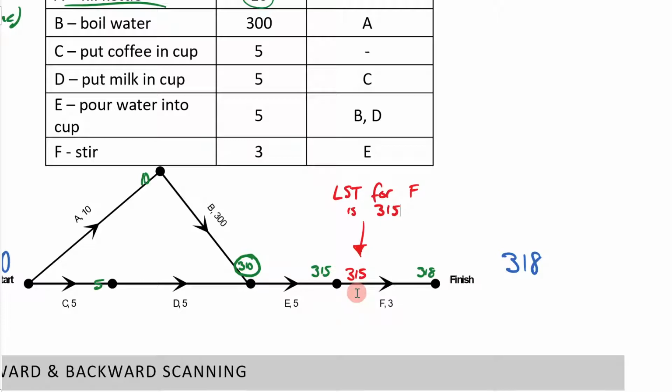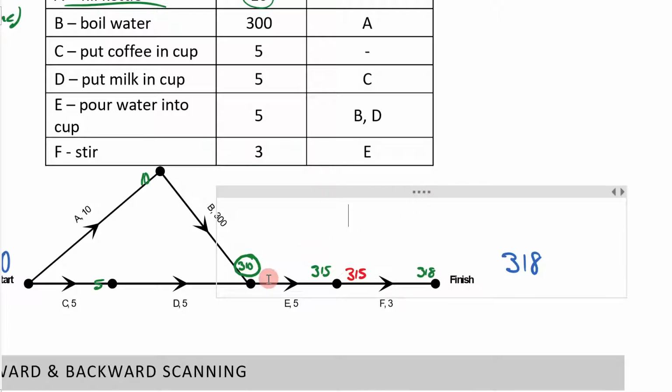Let's imagine for a second that you started activity F at 316. Well, if you started at 316 and activity F takes 3 seconds, then you're going to finish at 319 and you haven't finished on time. So the latest start time tells me the latest time you can start at in order to finish on time.